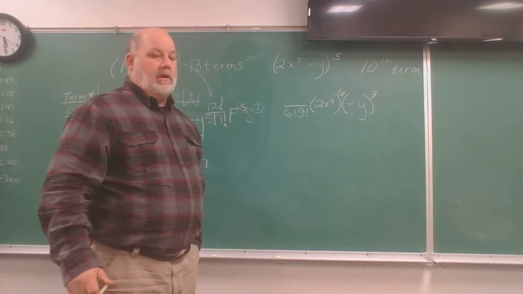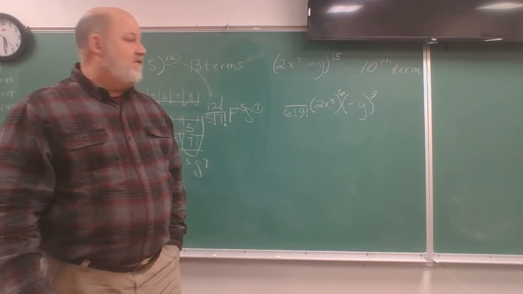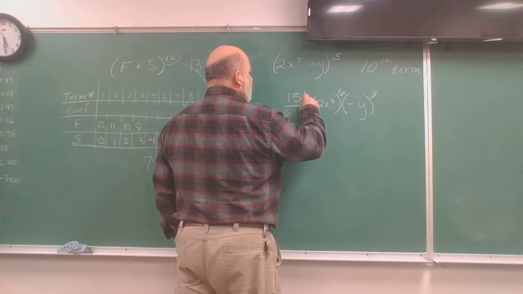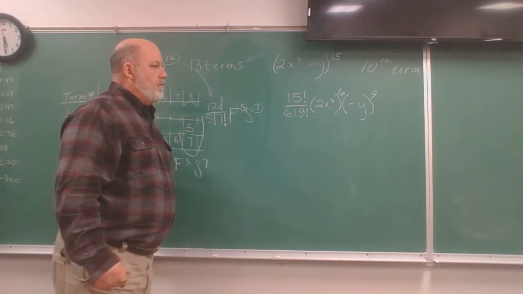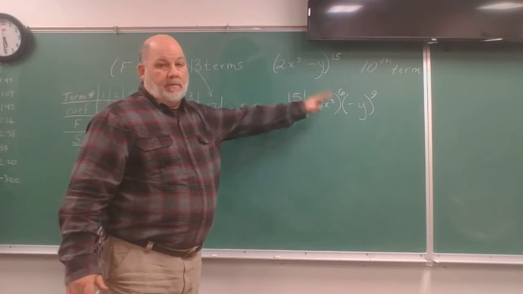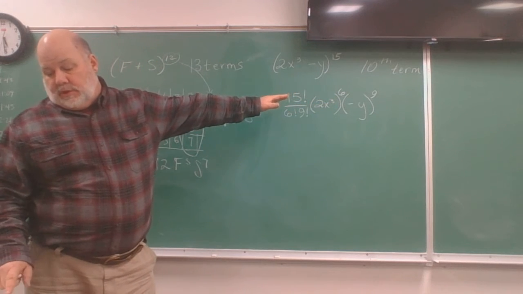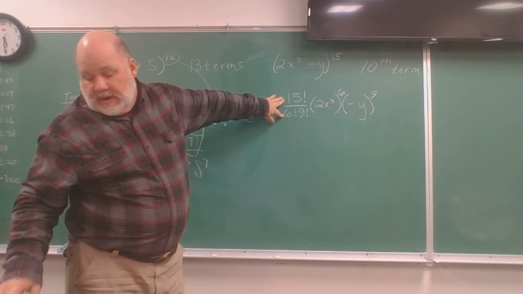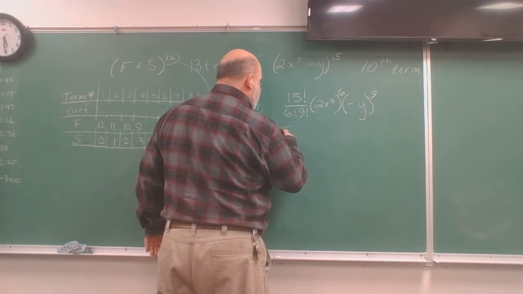And they are factorial. 6 factorial, 9 factorial. In the numerator, 15 factorial. Now we still have to work this all out. If you do this, 15 factorial over 6 factorial, 9 factorial, gives you 5005.